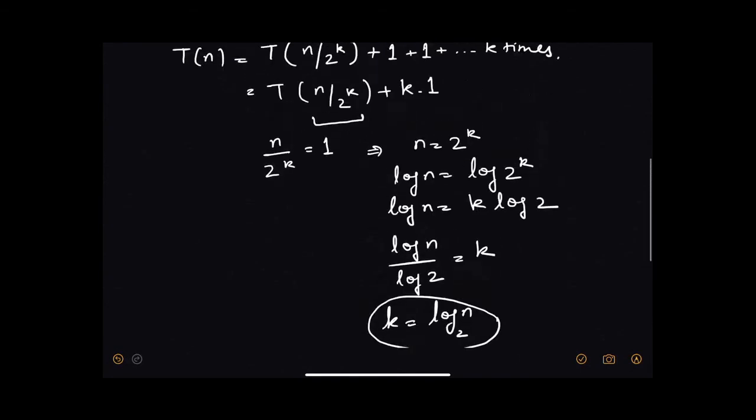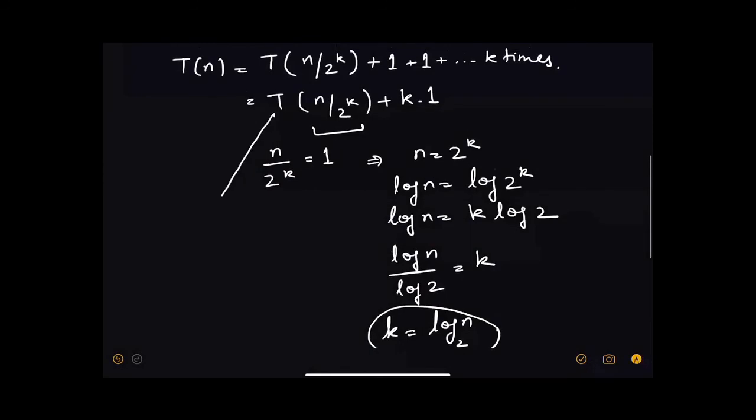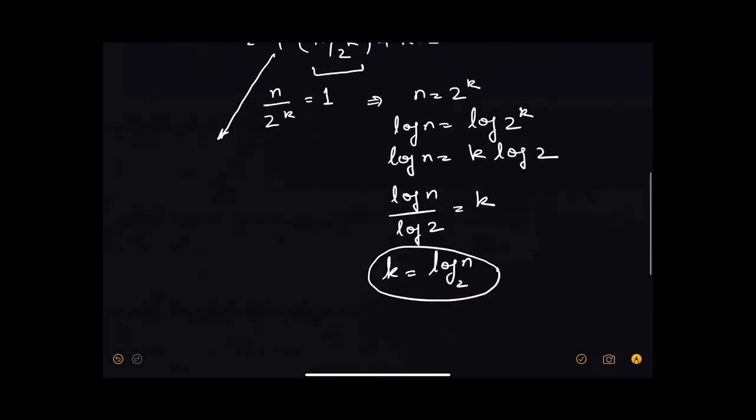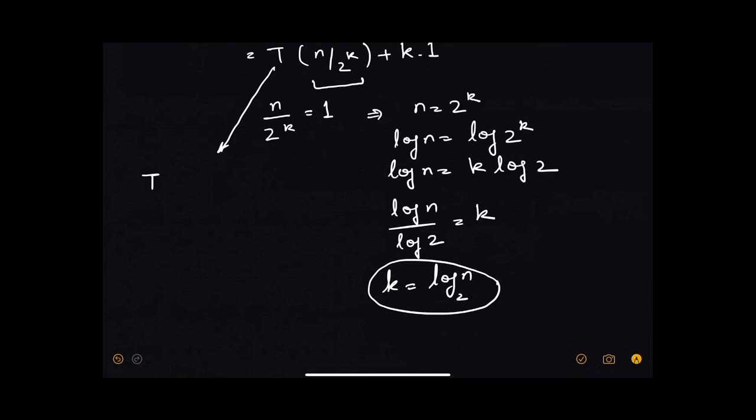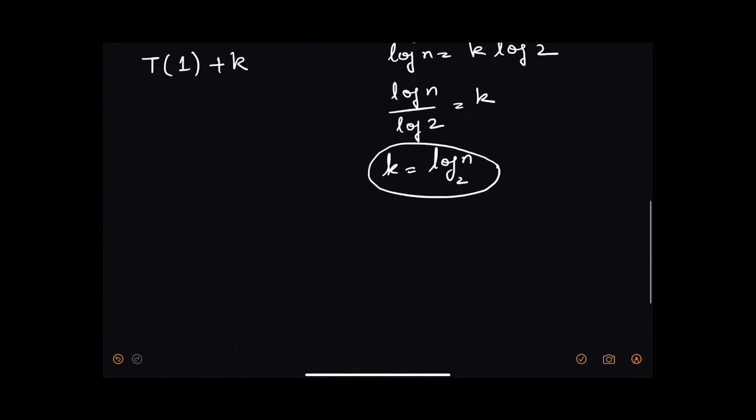So coming back to my problem, the whole statement becomes T(n/2^k) equals 1 plus some k value. So I can say that the value of T(n) is T(1), which becomes some constant 1, plus k, which is equal to log n base 2.